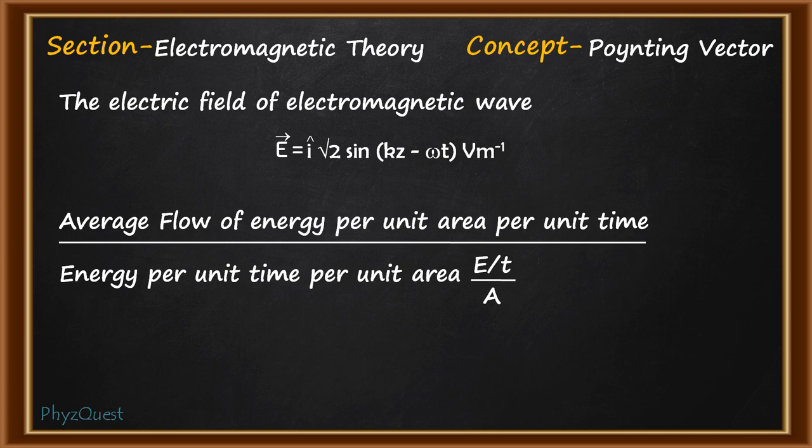Now we know that energy per unit time is the power. So let us suppose the power is represented as P. So this expression we can rewrite as P divided by A. This means power per unit area. So what is power per unit area? Power per unit area is your intensity. So intensity is the power of the wave through the area A.